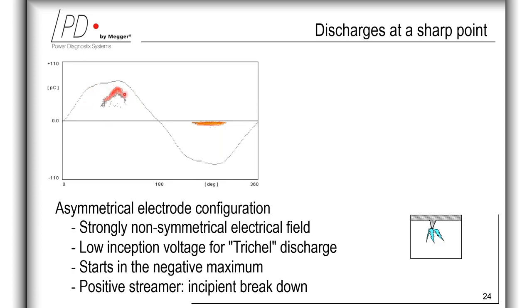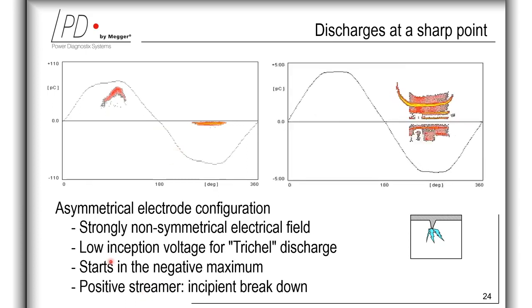And when you have such a pattern, here the streamer to leader transition at this sharp tip happens in the positive half cycle, and here the transition into leader is often quite sudden. And here the incipient breakdown means that the breakdown is beginning to exist or appear, like in an initial stage.